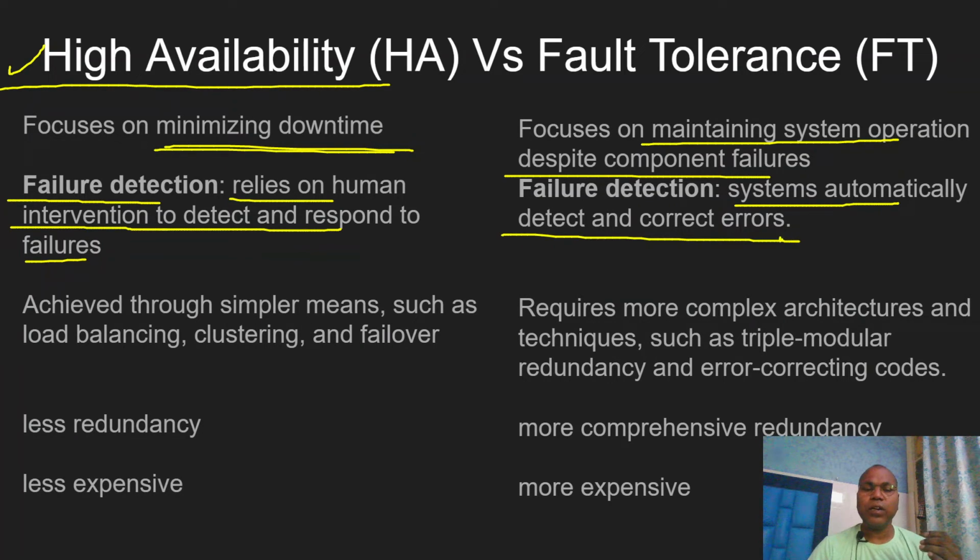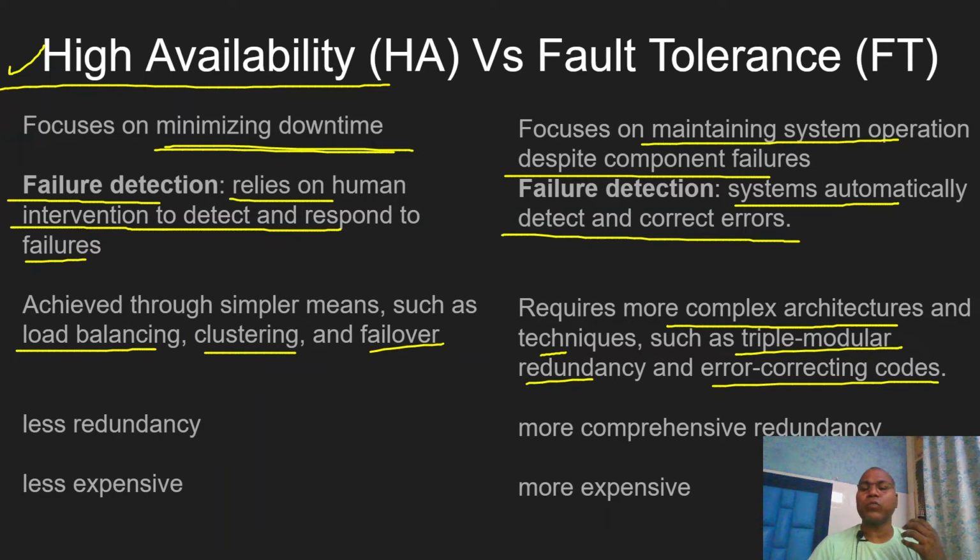HA tries to achieve this through simpler means such as load balancing, clustering, and failover. These are the high-level concepts. If you implement your application with load balancing, multiple clusters, and failover, your system is highly available. Fault tolerance requires more complex architectures and techniques such as triple modular redundancy and error correcting code, which are more complex than HA. Redundancy is less in HA, but fault tolerance requires more comprehensive redundancy.